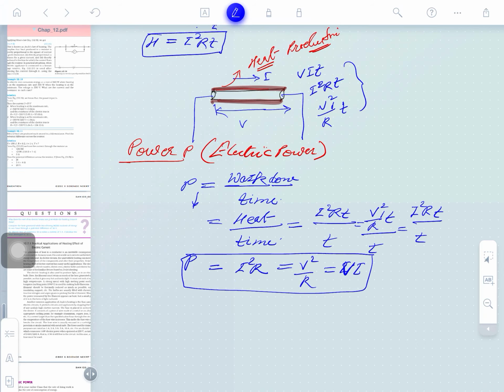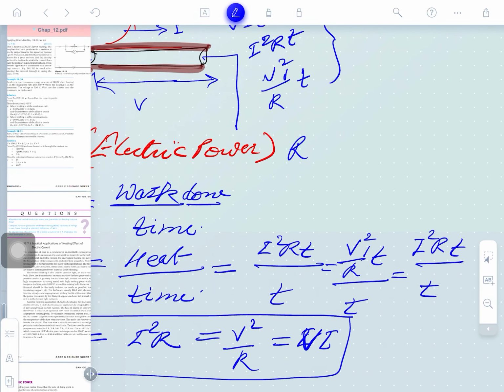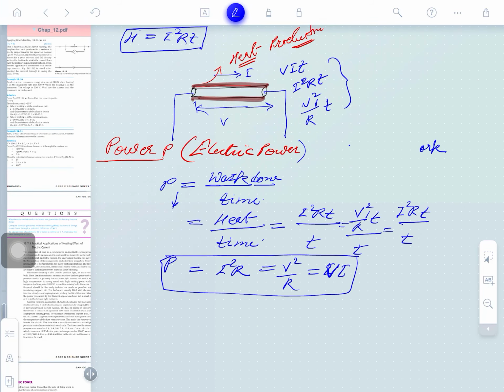The rate of doing work by the source, the rate of work done by the electric circuit, or the rate of heat developed on the conductor is called electric power.